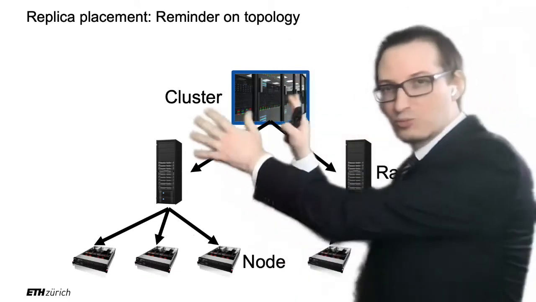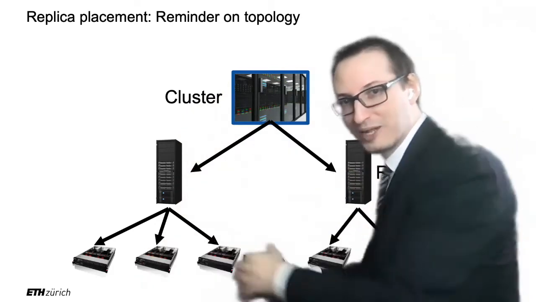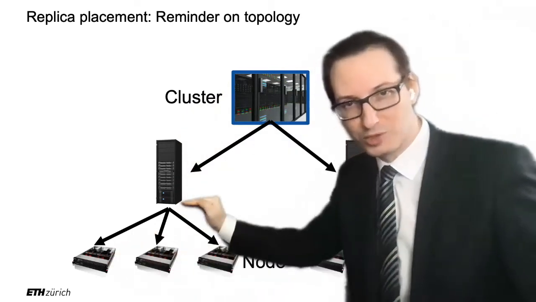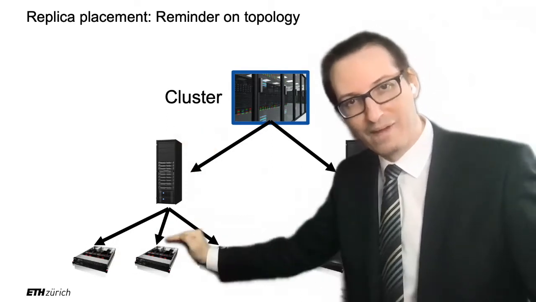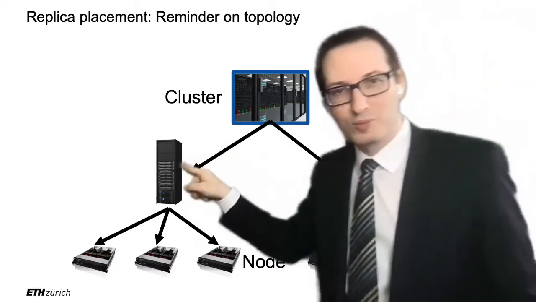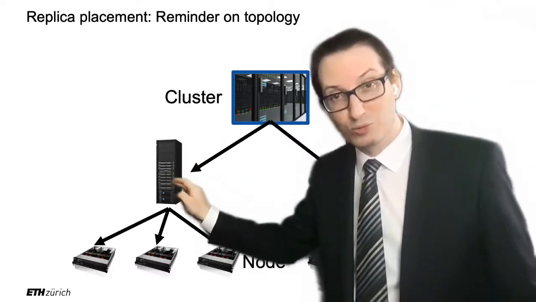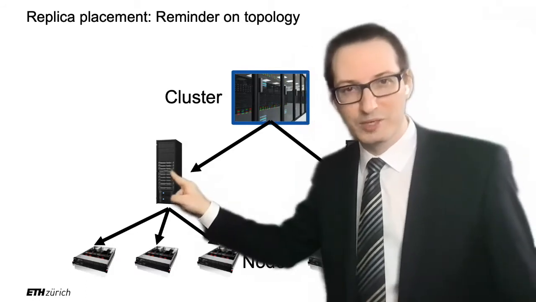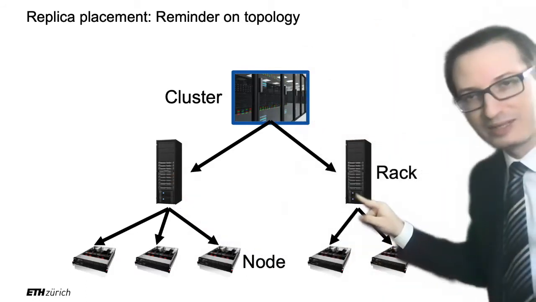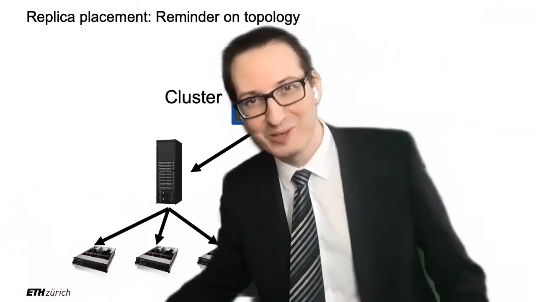As you know, there are rooms filled with towers called racks, and each rack is made of plenty of nodes piled up on top of each other. Maybe 10 or 20 of them give you a tower. If you communicate within the same tower, from one node to another, it's going to be faster than communicating between this node and that node in another tower, because there are more network cables to cross.